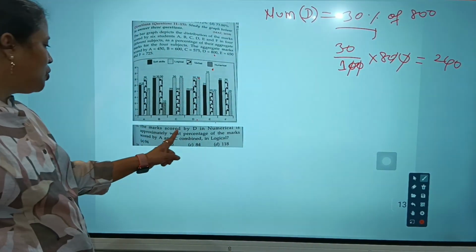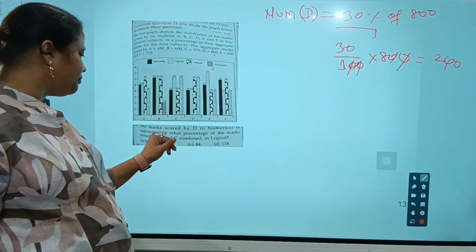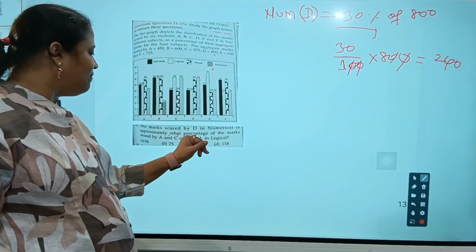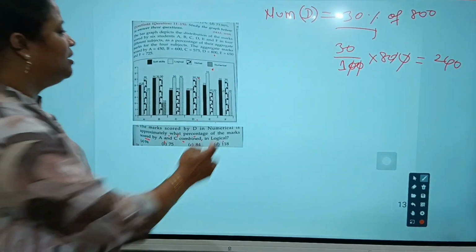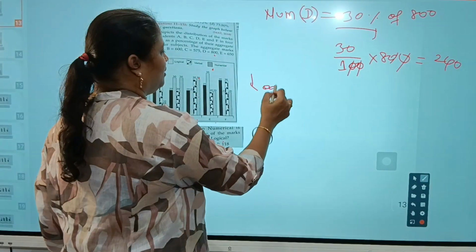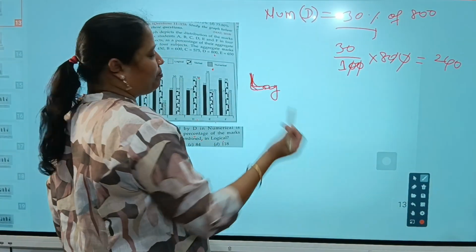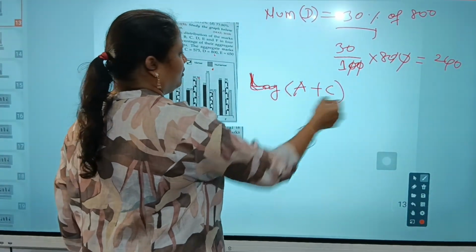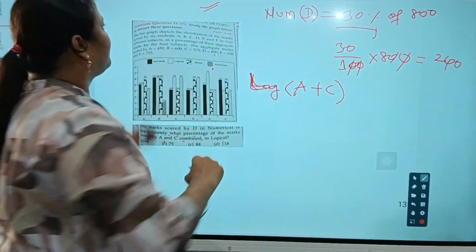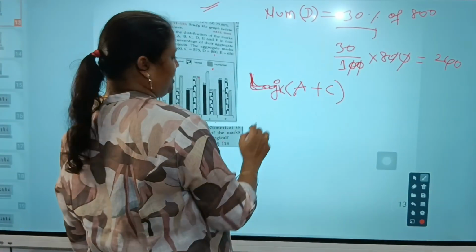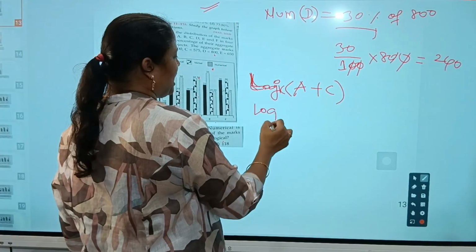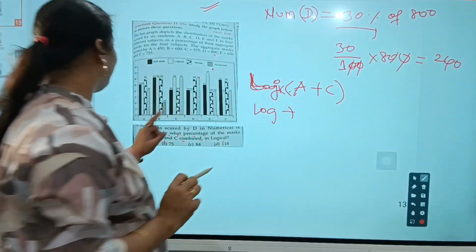So marks scored by D in numeral is approximately what percentage of marks scored by A and C combined in logical. So in logical, see, like this the pen is going. Properly it is not working. Curve I am getting always. Okay. Logical A plus C marks we have to find out. In logical, A marks we will calculate first.